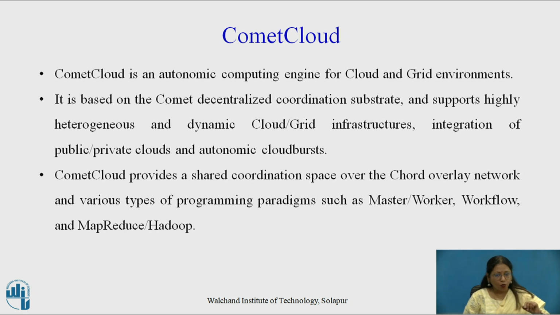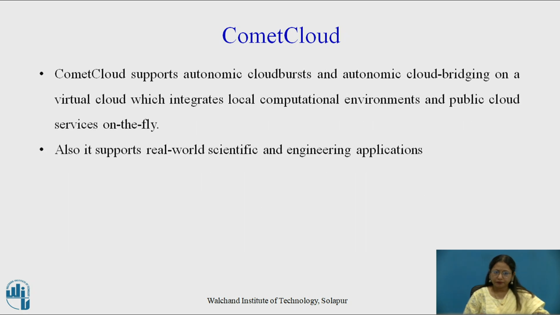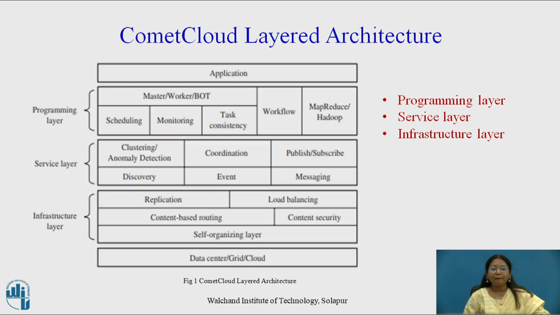So, Comet Cloud provides a shared coordination space over the Chord overlay network and various types of programming paradigms such as master worker, workflow and MapReduce or Hadoop. As well as it supports autonomic cloud burst and autonomic cloud bridging on a virtual cloud which integrates local computational environments and public cloud services on the fly. Also it supports real world scientific and engineering applications.